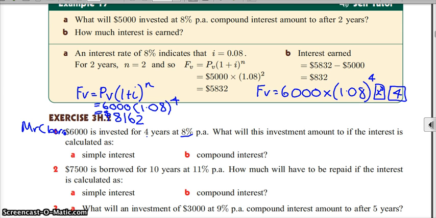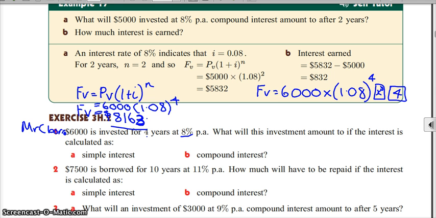And then to round it off, it's $63. Yep. So what I'm paying back to you in 4 years' time, the future value, is $8,163.